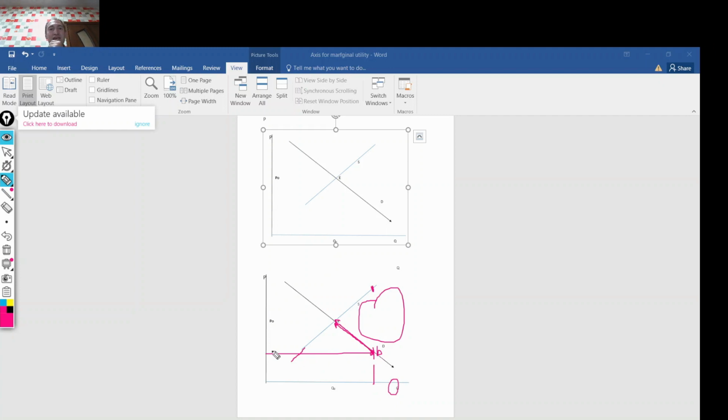So I guess at that price, demand outstrips supply. This is S and this is D. Demand is higher than supply, which is characteristic of a shortage. So this is a shortage situation, the market deficit point. At this price, demand outstrips supply.